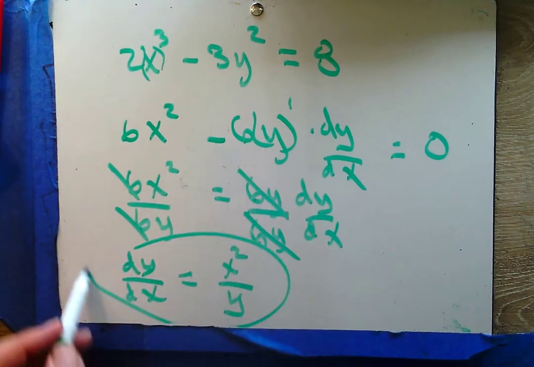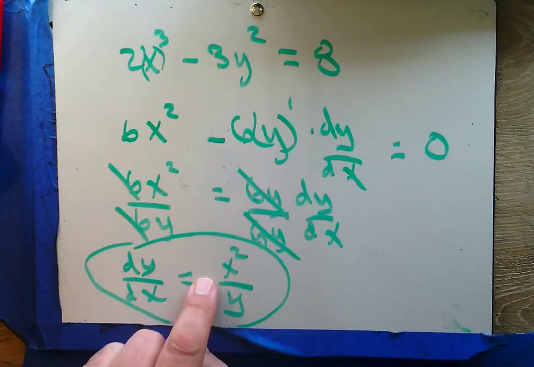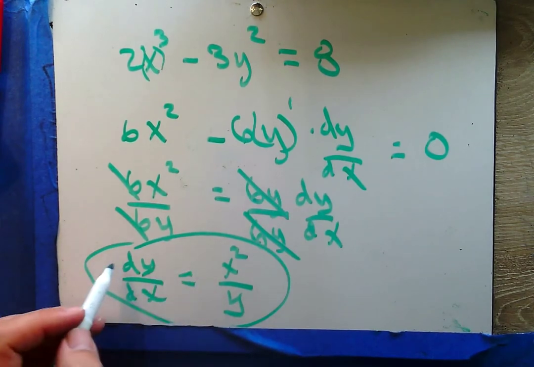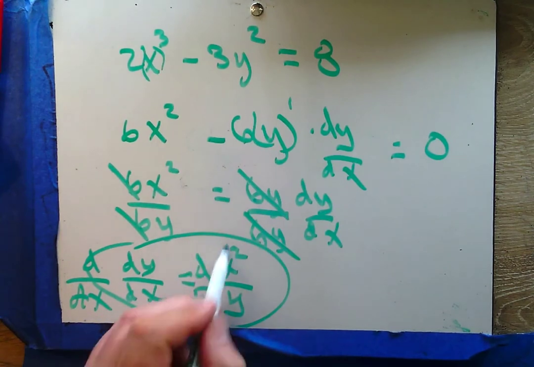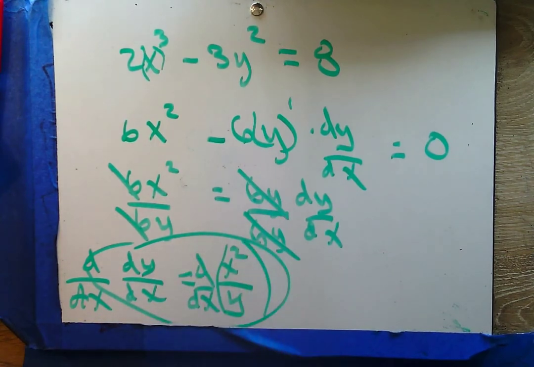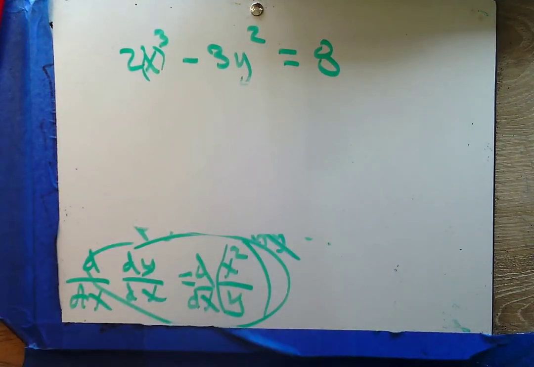Here's the first derivative. Now the second derivative means I take the derivative of this derivative. So if I'm taking the derivative with respect to x on both sides, I have a quotient here, and I have to use a quotient rule here. So let's go use the quotient rule. Okay, quotient rule.